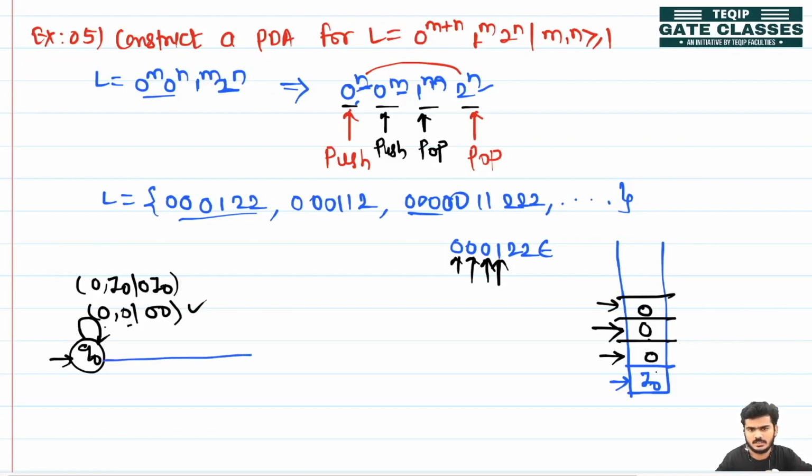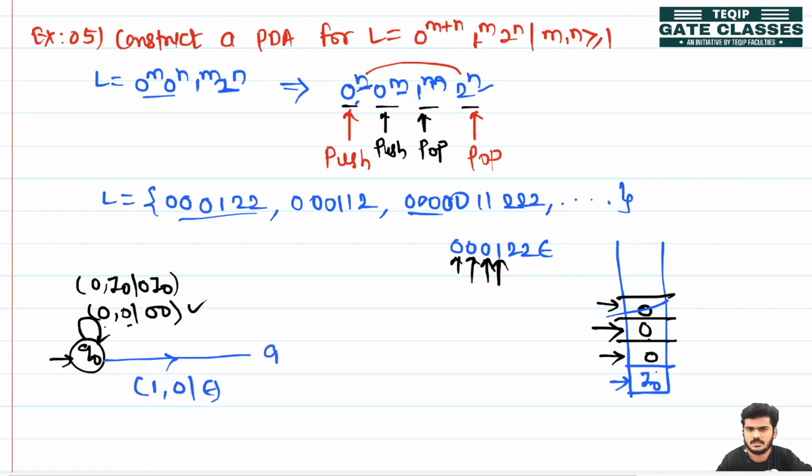Next, whenever 1 starts occurring, I will change the state, and with the top of the stack 0, I will start popping. This is for a single 1. But what if there are a lower number of ones, when m is more than 1?